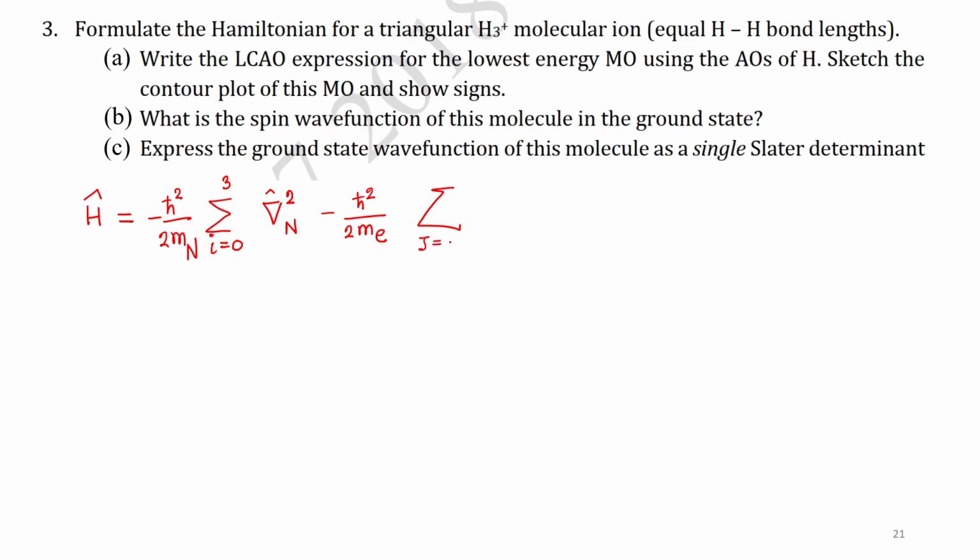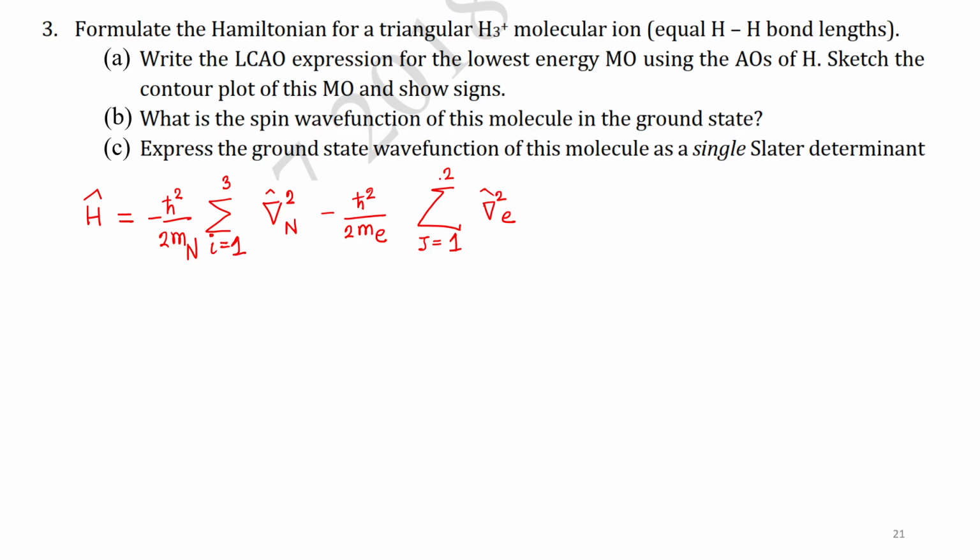J equals 0 to 2. I'm writing it very badly, I'm very sorry. It is not 0, it should be 1, right? 1 and 2, as there are 2 electrons. And what else? So these are the kinetic energy terms.